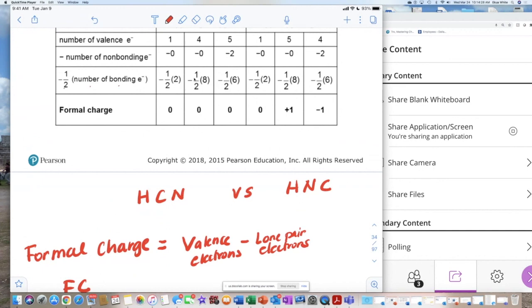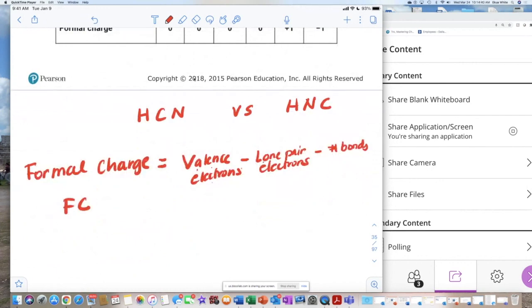I'm going to give you guys a simplified version, okay? So valence electrons minus lone pair electrons minus number of bonds. So as I abbreviate and make this formula simpler: formal charge equals valence electrons minus lone pair electrons minus bonded electrons. So this is all about electrons, okay?